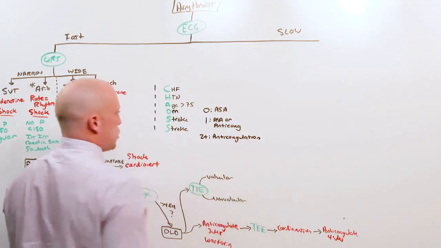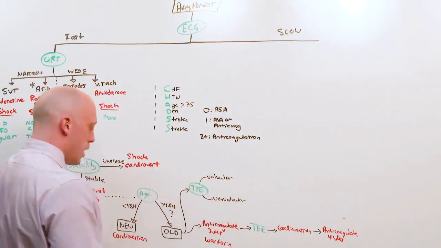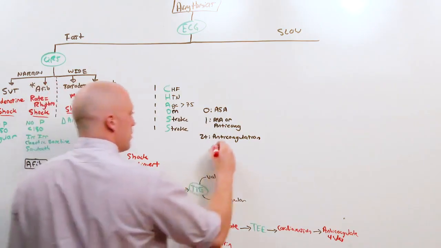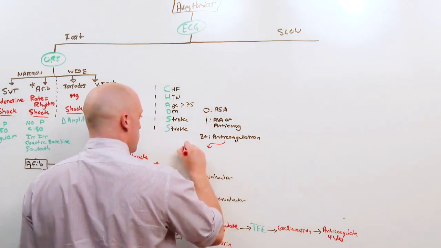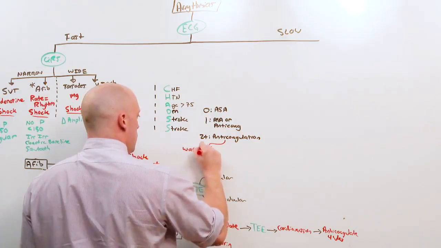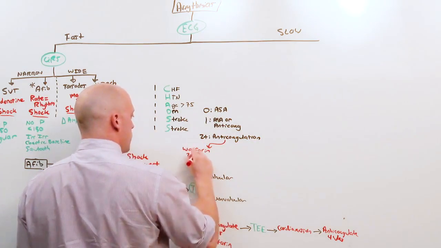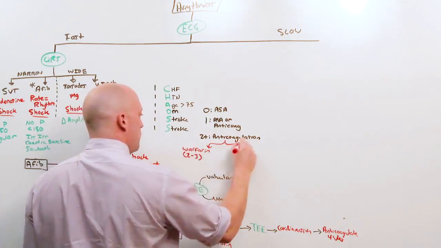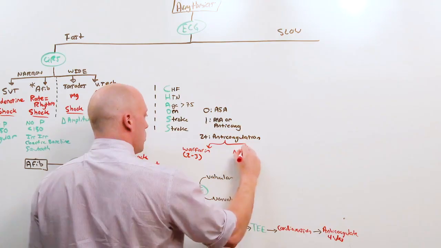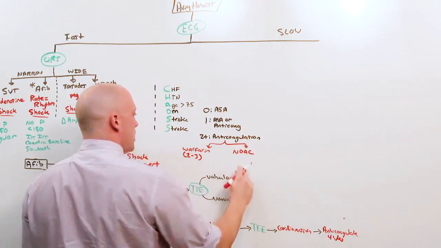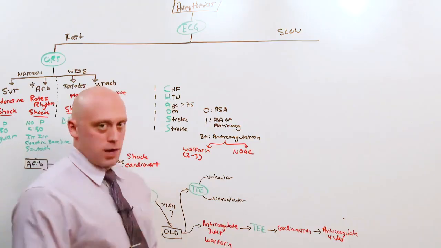What does anticoagulation mean? There are 2 options for anticoagulation. Warfarin with an INR of 2 to 3, or the novel oral anticoagulants, dabigatran, apixaban, or rivaroxaban, it doesn't matter which one it is.